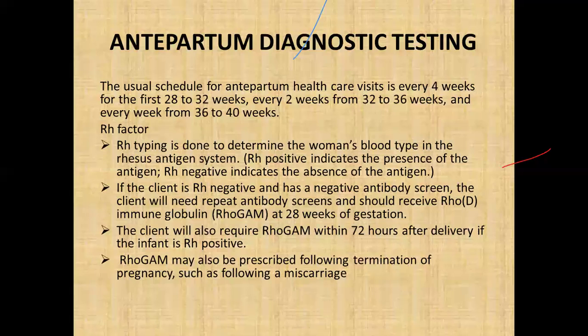Then during childbirth, the client will also require ROGAM within 72 hours after delivery if the infant's rhesus is confirmed to be positive. So when the child is born, we test the child to be sure what status the child came with. If the child came with a positive status, then the mother will need to receive another dose of ROGAM within 72 hours. Remember the time duration, within 72 hours.